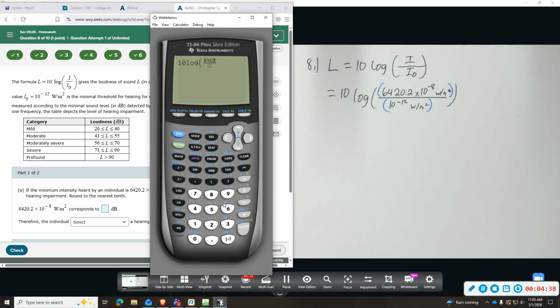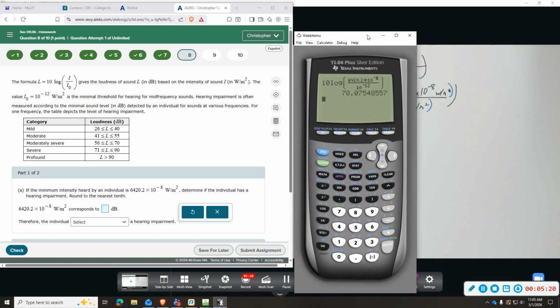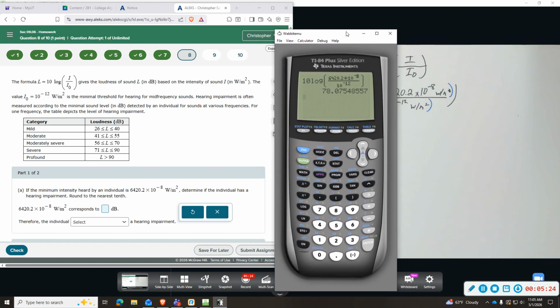So 6420.2 times 10 raised to the negative 8, and on the bottom, just 10 raised to the negative 12. What does it say?